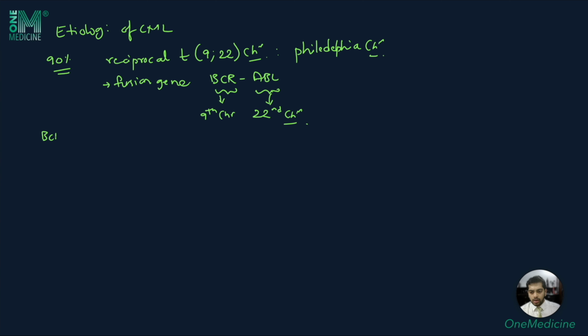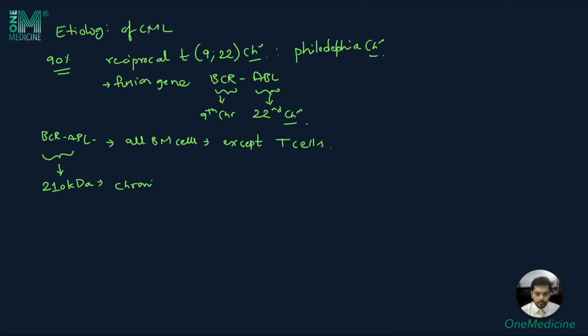The BCR-ABL mutation is seen in almost all bone marrow cells except T cells. This chimeric or fusion gene produces a protein that is 210 kilodalton in case of chronic phase and 190 kilodalton in case of acute blast transformation.